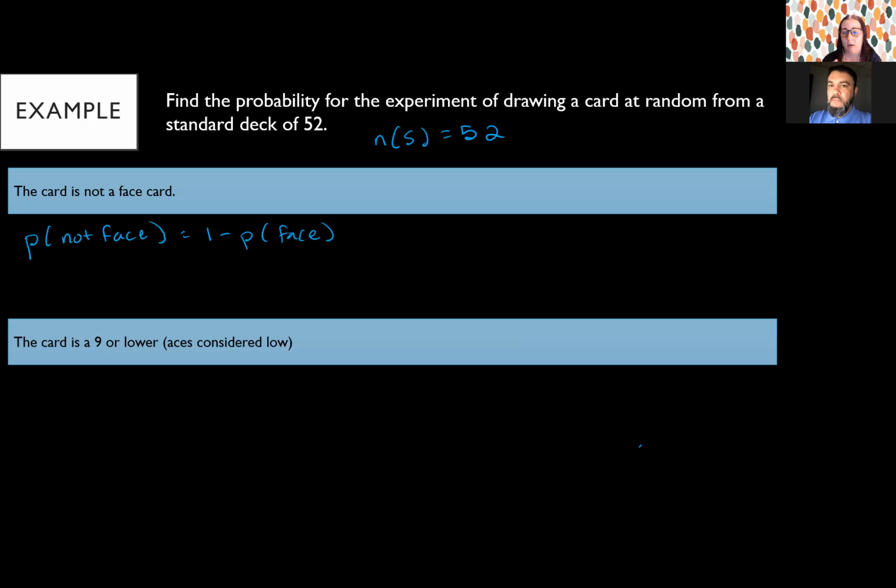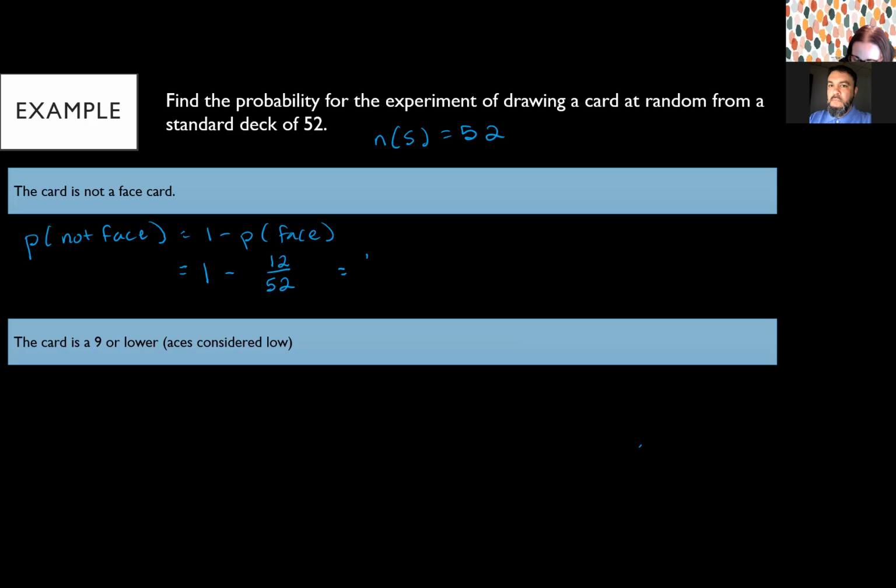So we've got 3 different face cards, Jack, Queen, and King, and there's 4 suits. So that gives us 12 face cards total. So the probability that you can get a face card is 12 out of 52. So I just use my calculator and, whoops, it helps if I clear it first.